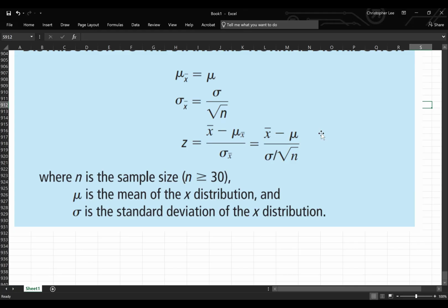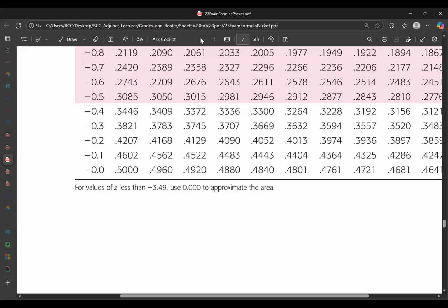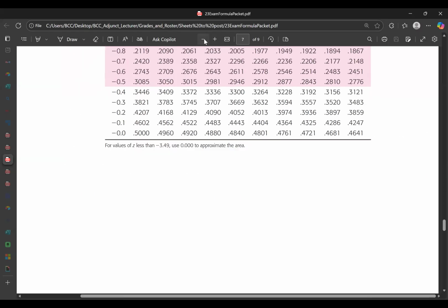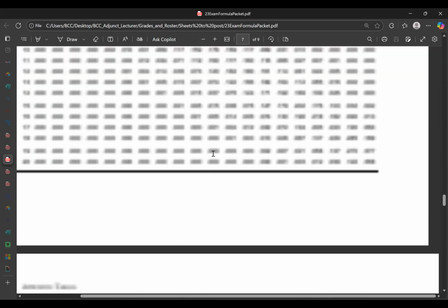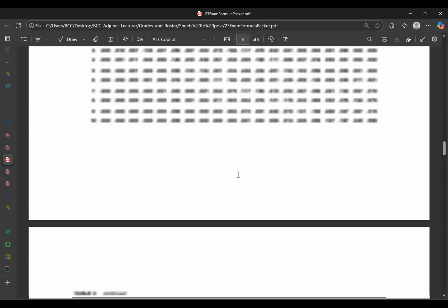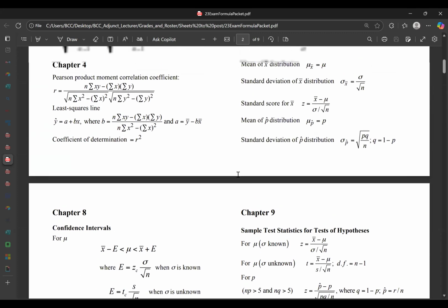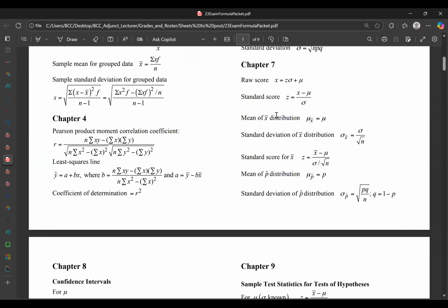Once again, you don't need to remember this. It is on your formula sheet in case you want to see. Right here in chapter 7, this is where it is, right? You only need to worry about the Z formula here and the Z formula here.